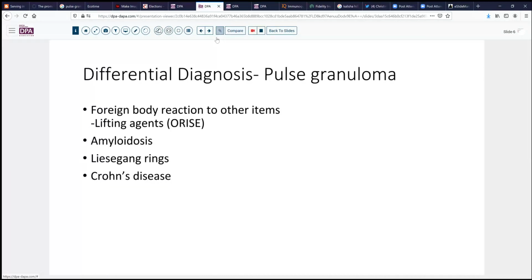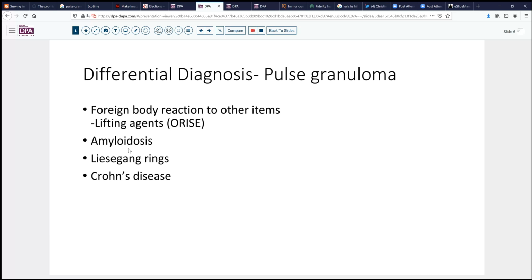The differential diagnosis for a pulse granuloma can include foreign body reaction secondary to other items. And we've recently seen described and seen in our own laboratory a similar sort of process secondary to the ORISE lifting agent that is used in endoscopic mucosal surgery in some locations.